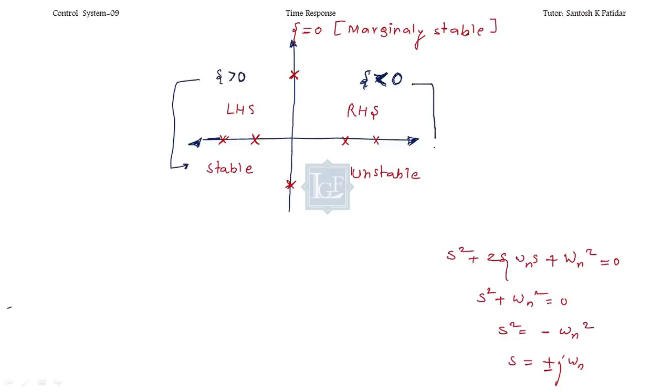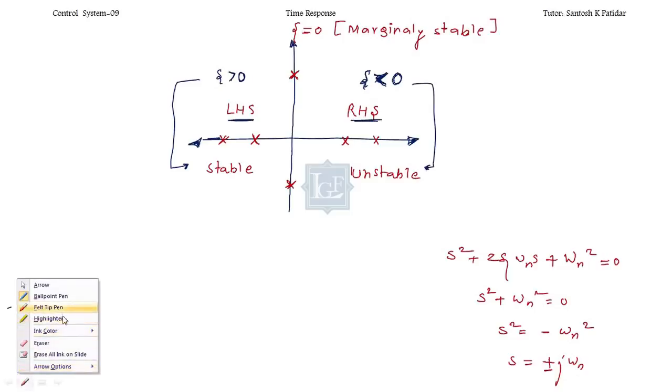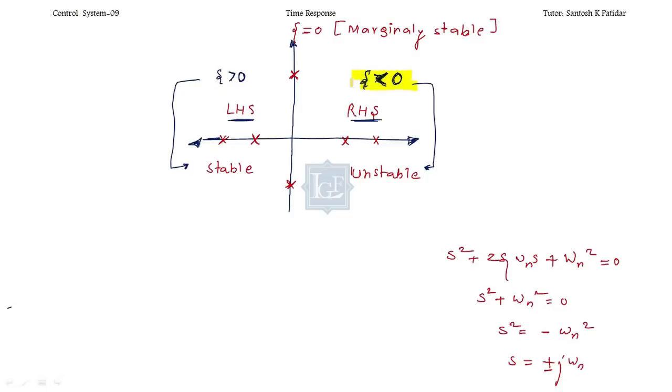If zeta is less than 0, the system will be unstable. The poles will lie in the RHS of S-plane. So in this overall discussion, these 2 points are very important. If zeta is greater than 0, then it will be stable. If zeta is less than 0, it will be unstable.